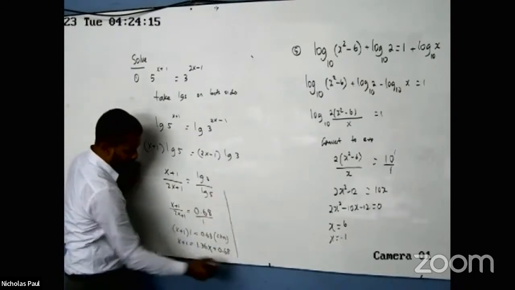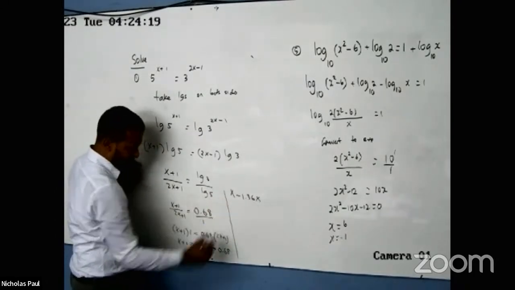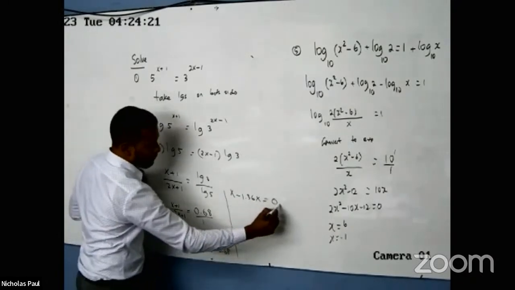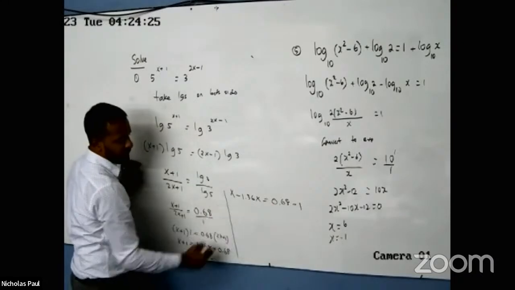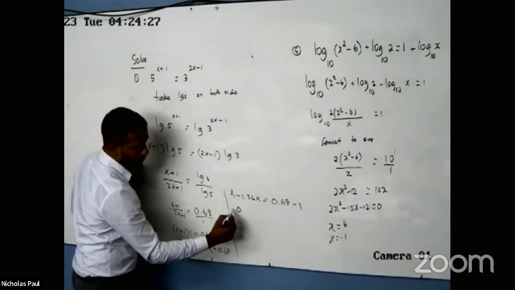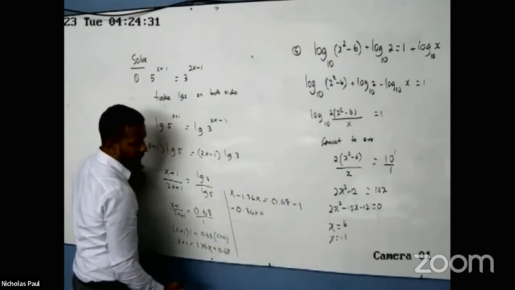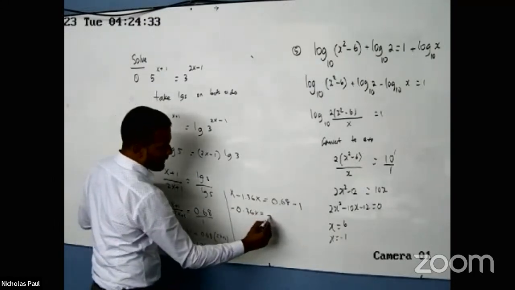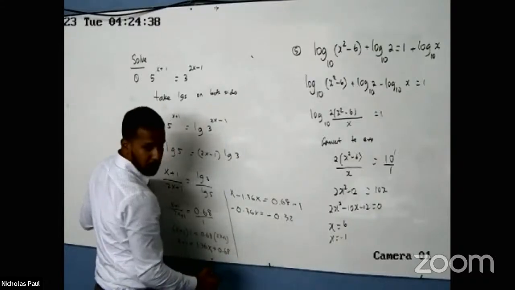So you'll be left with x minus 1.36x is equal to 0.68 minus 1. How much is that? This is negative 0.36x. And this value here is minus 0.32.